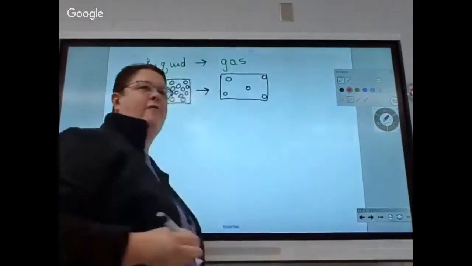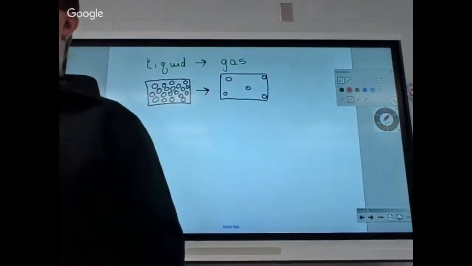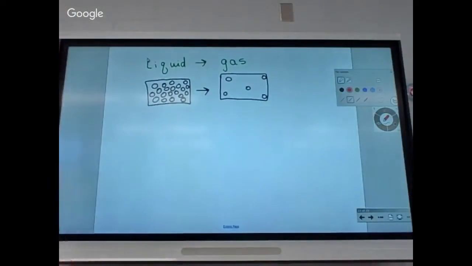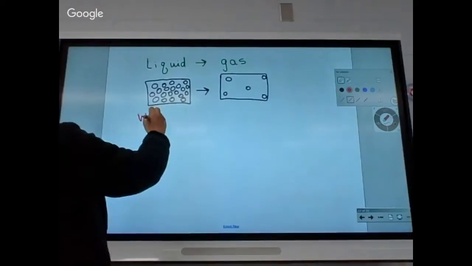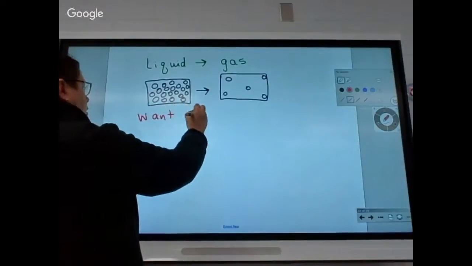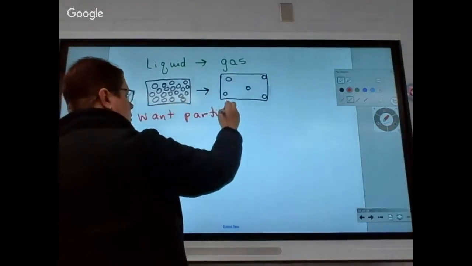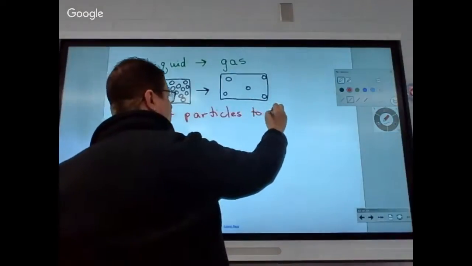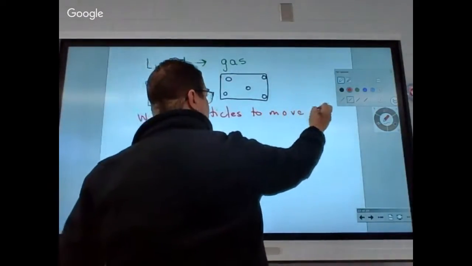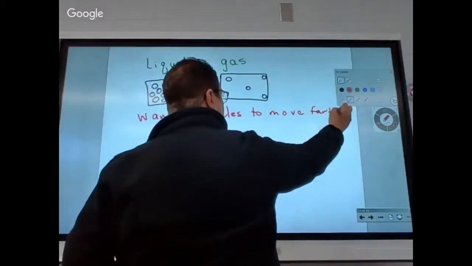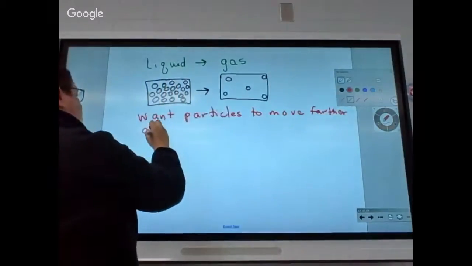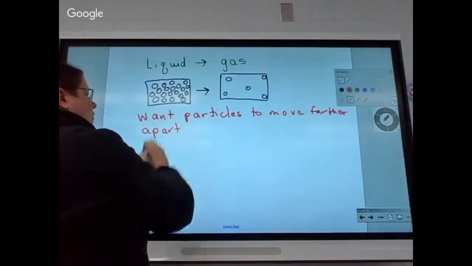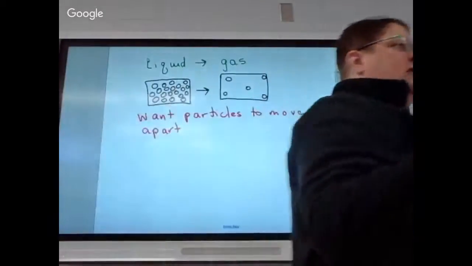Do the particles have to become further apart or closer together? Okay. So we want the particles to move farther apart. So when you're trying to figure out if heat is released or absorbed, this is what you need to think to yourself.